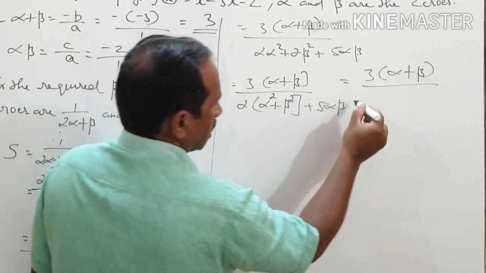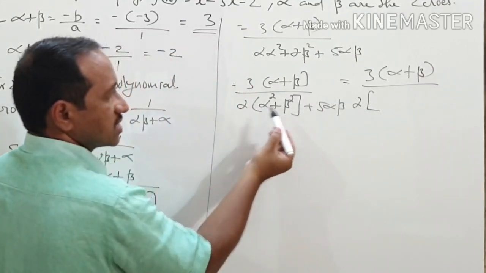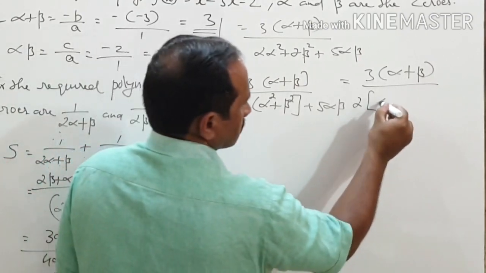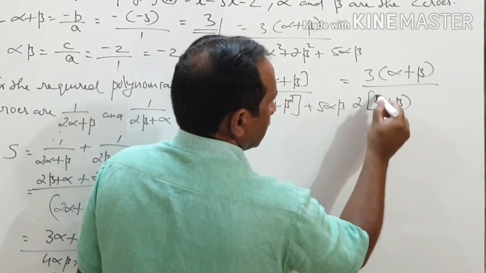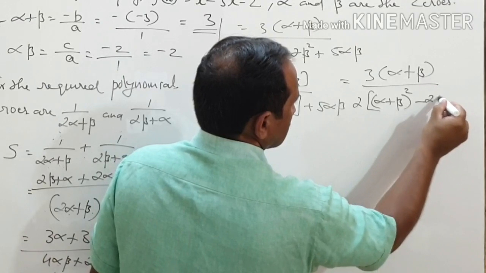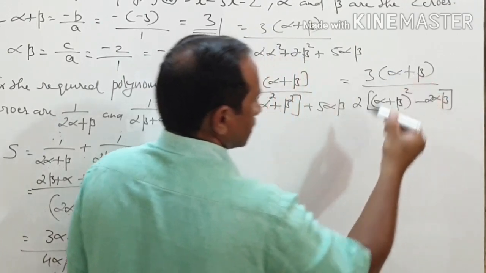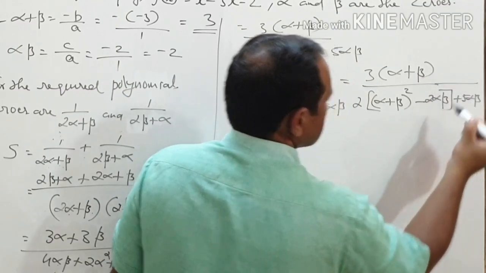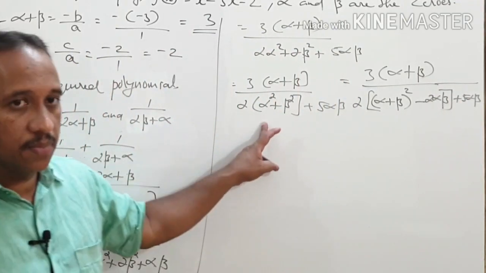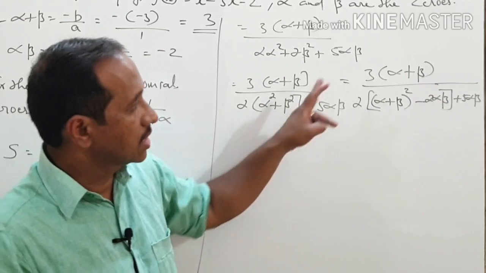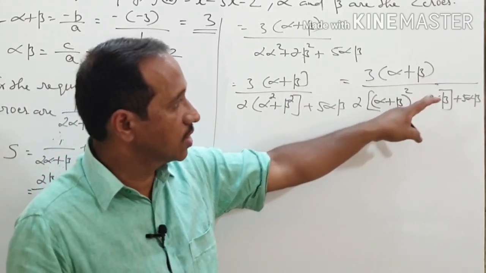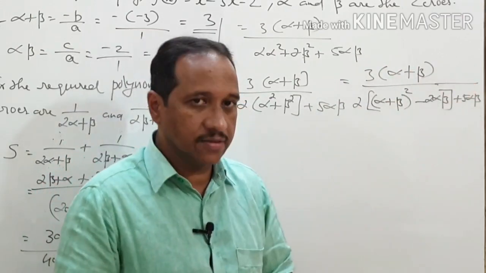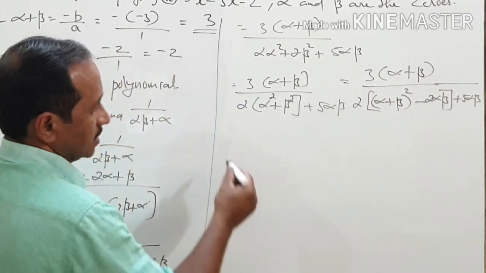In the denominator we have 2 into, what is alpha square plus beta square? Alpha square plus beta square can be written as alpha plus beta the whole square minus 2 alpha beta, plus 5 alpha beta. Again we open the bracket.